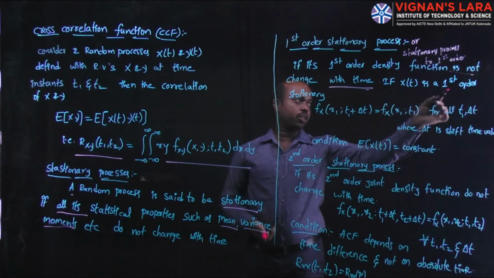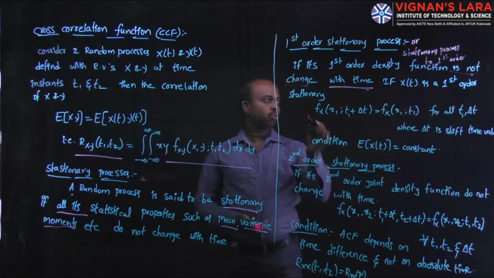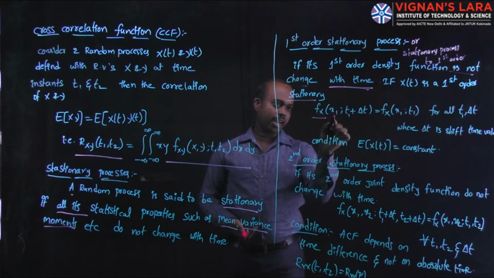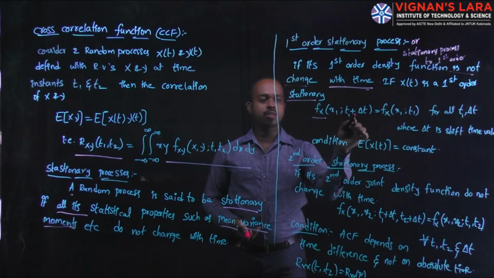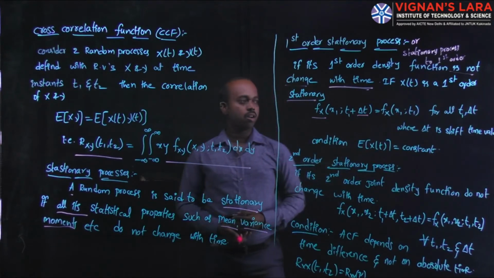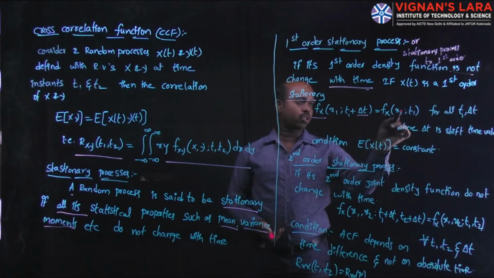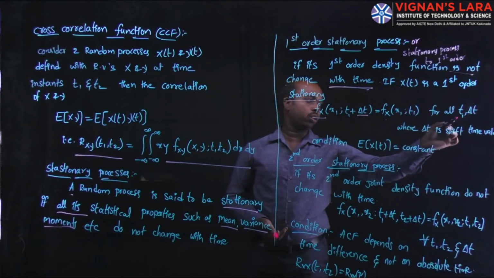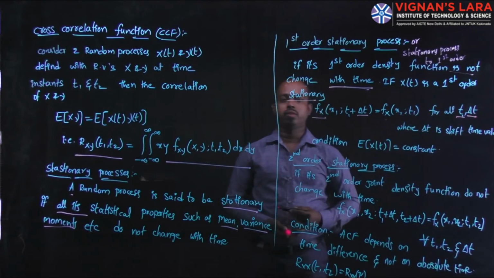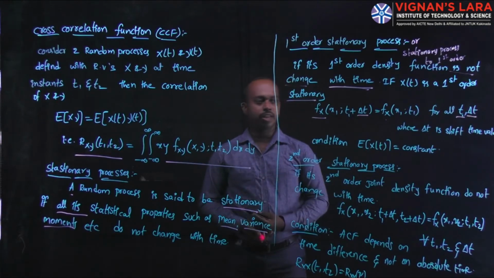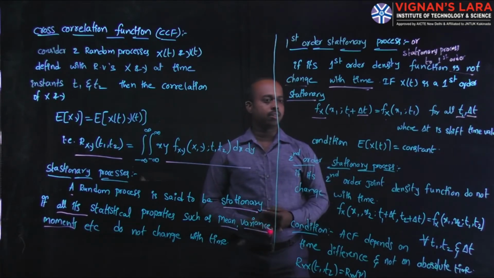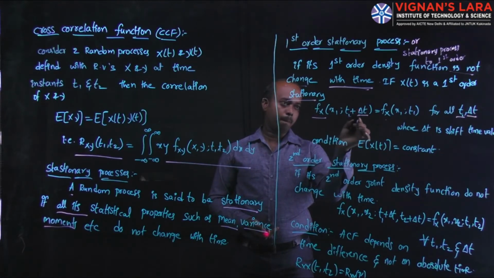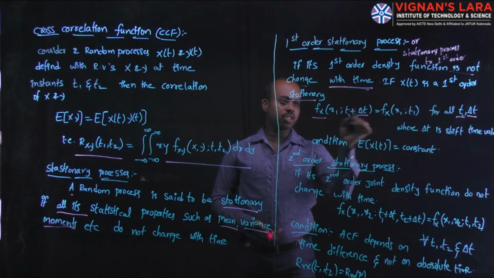If x of t is first order stationary, the function can be written as fx of x1 semicolon t1 plus delta t is equal to fx of x1 semicolon t1 for all t1 and delta t. Here we consider the density function at time t1 plus a shifting time delta t.